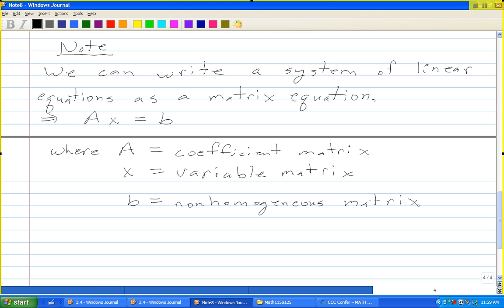And then we can somehow simplify this system.